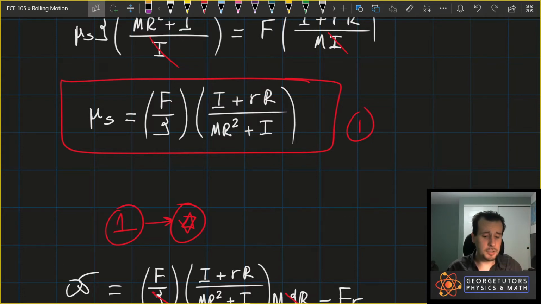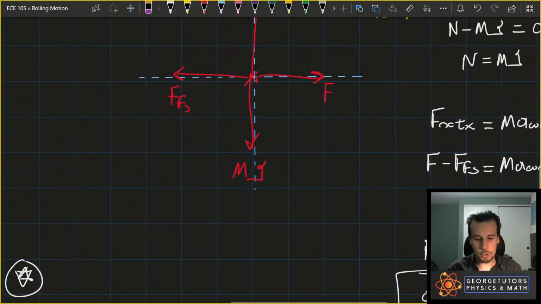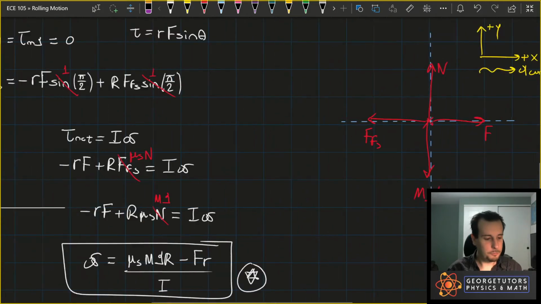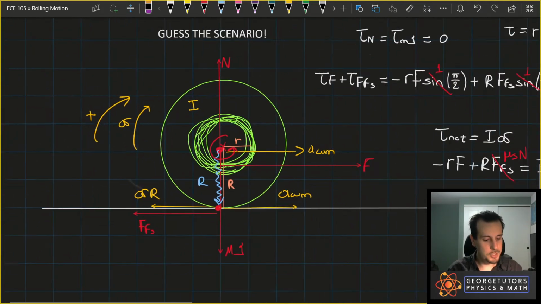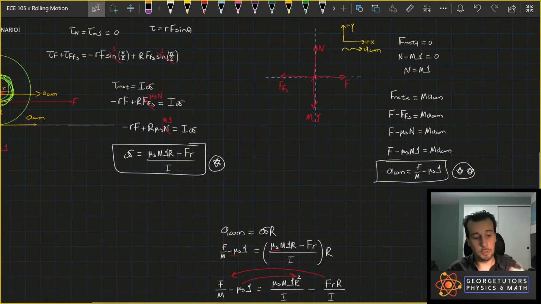And on top of that, this quantity has no possibility of being negative. You see, we're adding these terms at the top, we're adding them at the bottom. All of these constants here are positive, so there's no way we can be negative, and that's further confirmation that we've applied those positive directions correctly for the forces and for the torques here, and we haven't made a sign error anywhere in our calculations.